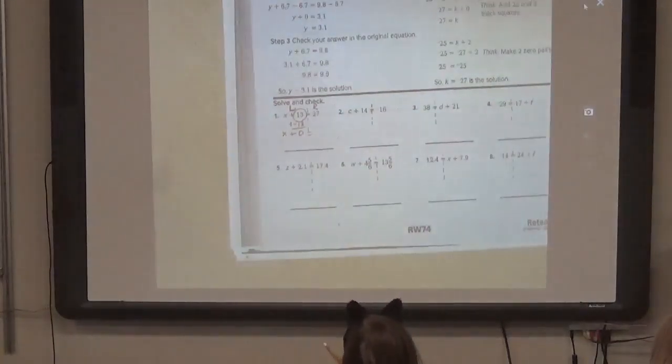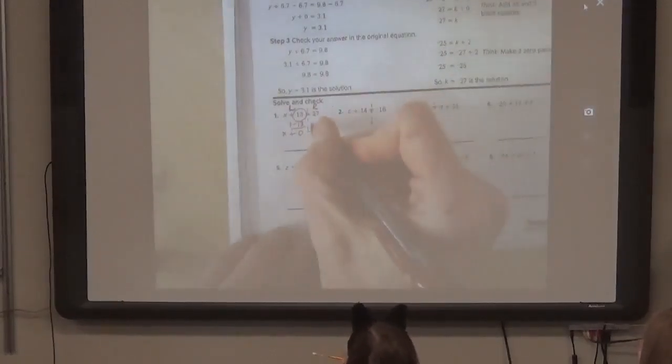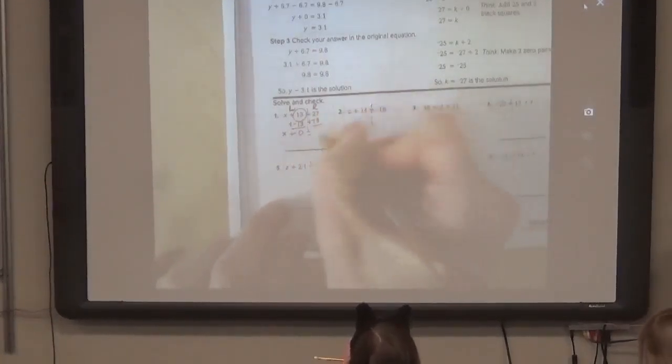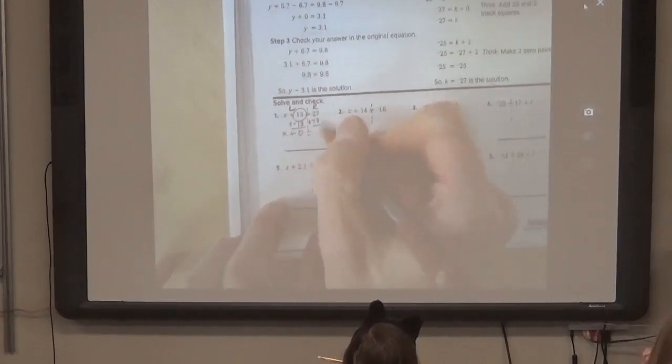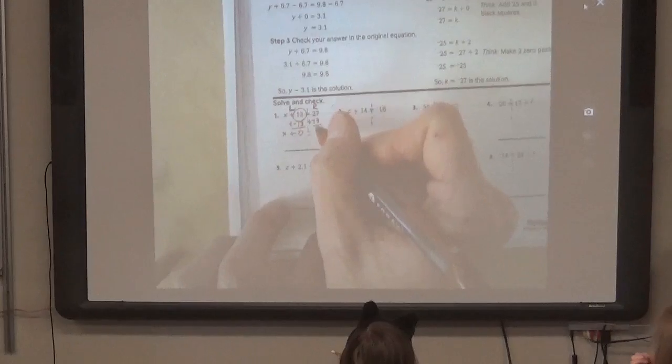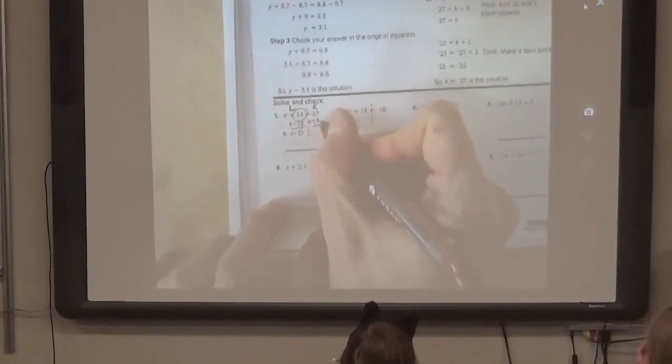And whatever you do on the left side, you have to do on the right side. Abby? Add negative 13 to 27. Yep. Add negative 13. What's 27 plus negative 13? Carson? 7 minus 3, and 2 minus 1. 14.